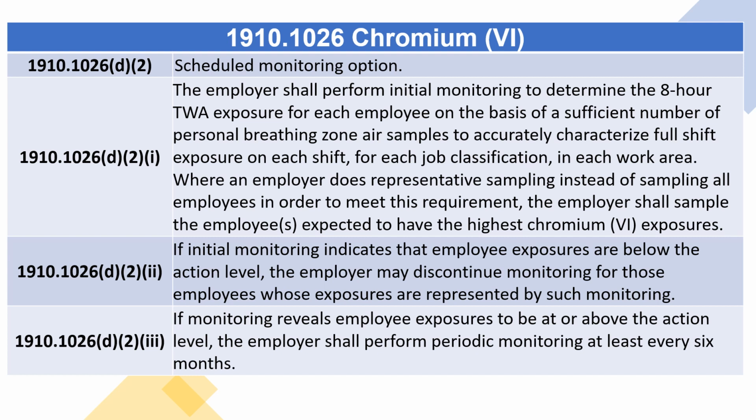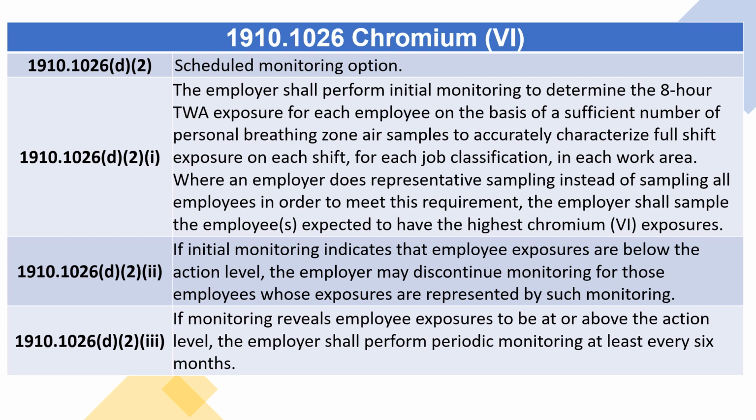Where an employer does representative sampling instead of sampling all employees in order to meet this requirement, the employer shall sample the employees expected to have the highest chromium (VI) exposures. If initial monitoring indicates that employee exposures are below the action level, the employer may discontinue monitoring for those employees whose exposures are represented by such monitoring.